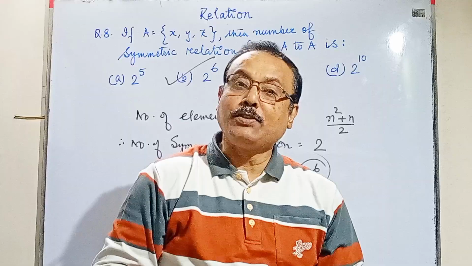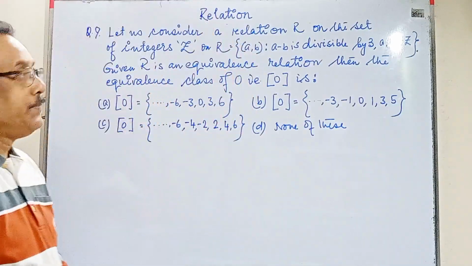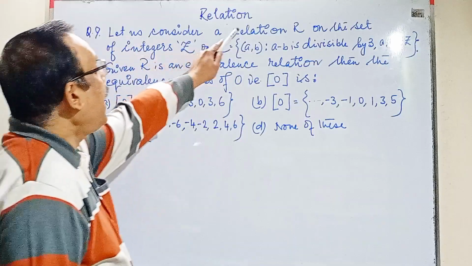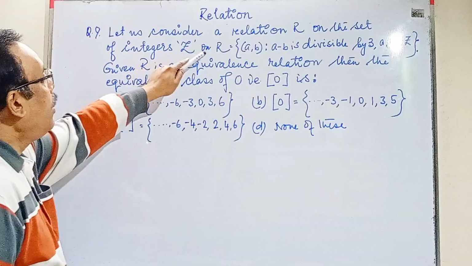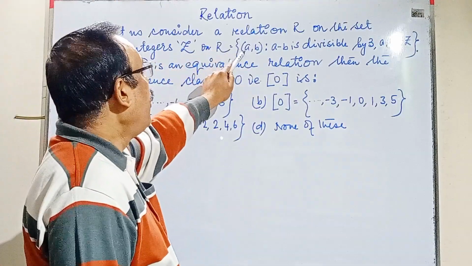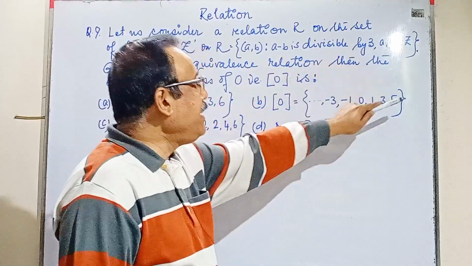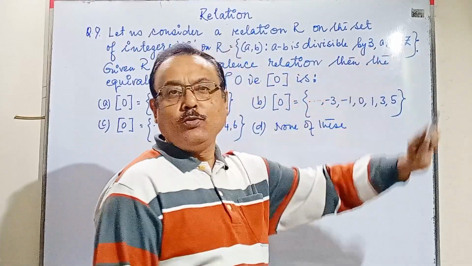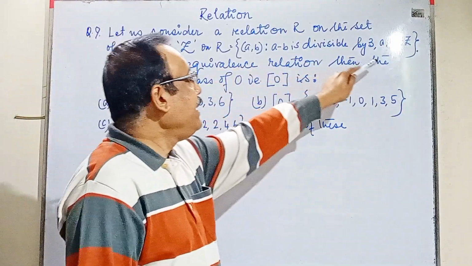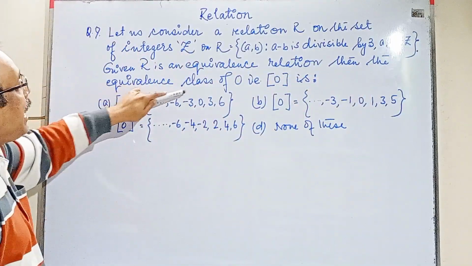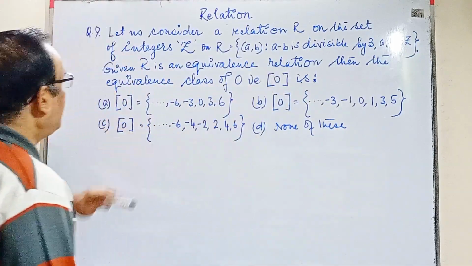We'll go for the next question, question number 9. Let us consider a relation R on the set of integers Z, where R is equal to the set of ordered pairs (A, B) such that A minus B is divisible by 3 and A and B both belong to Z. Given R is an equivalence relation, then the equivalence class of 0 is: four choices.